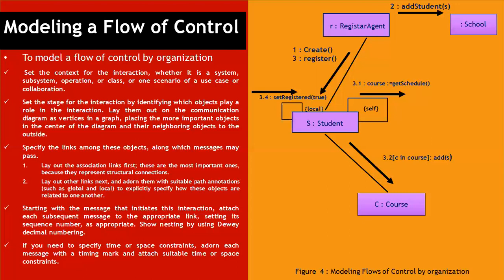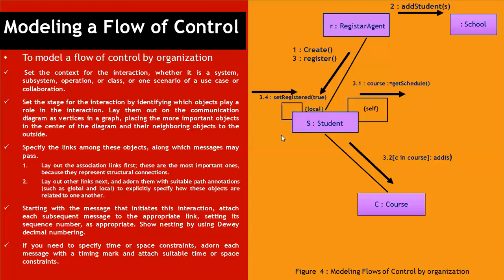Then we need to set the stage for the interaction by identifying which objects play a role in the interaction. Then we lay them out on the communication diagram as vertices in a graph, placing the more important objects in the center of the diagram and their neighboring objects to the outside.